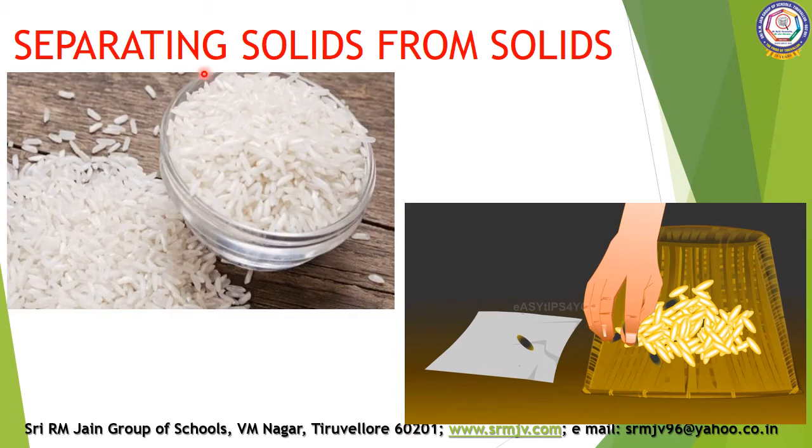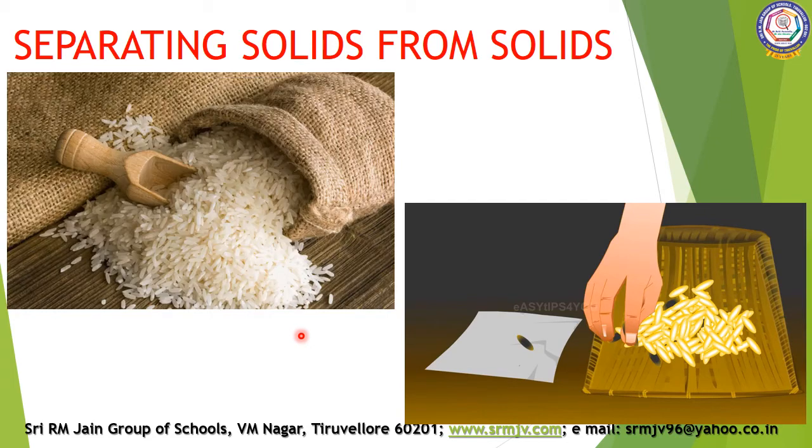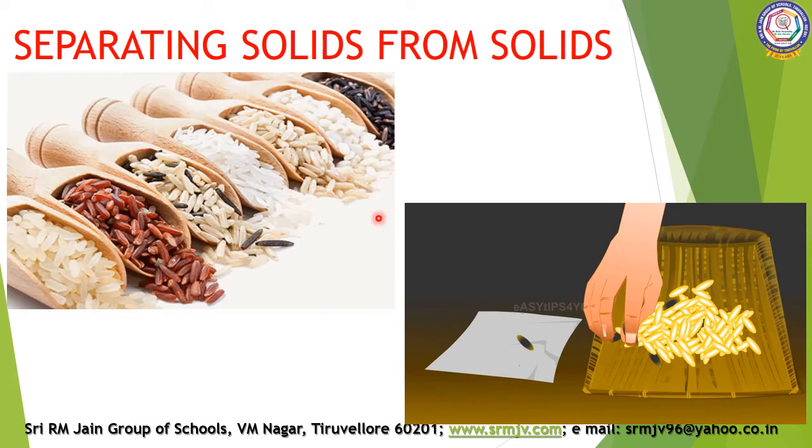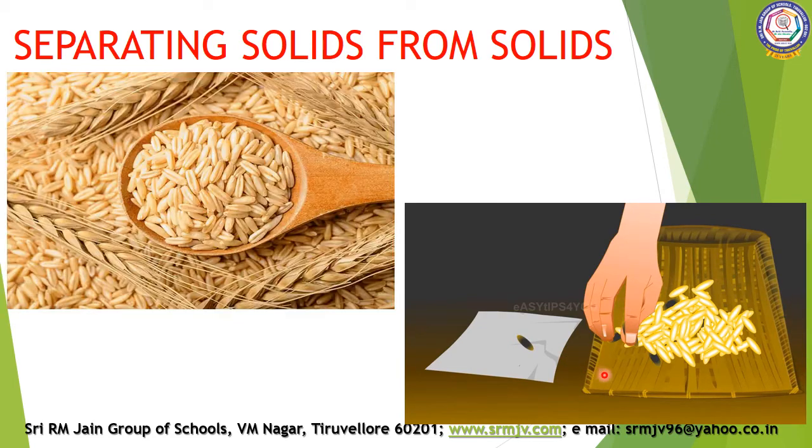Next, separating solids from solids. Let us discuss a few simple methods used in our daily lives to separate mixtures made of solids. First one, hand picking. Hand picking is done when the impurities differ in shape or color and the quantities of the impurities and the mixture are not large.